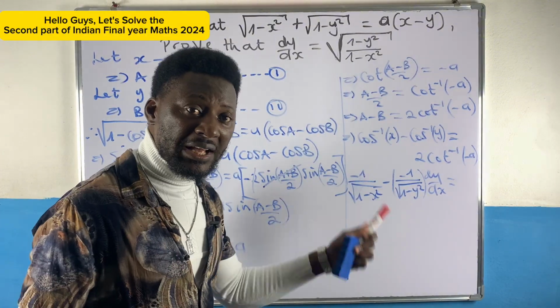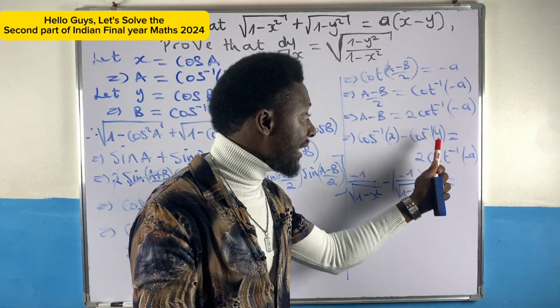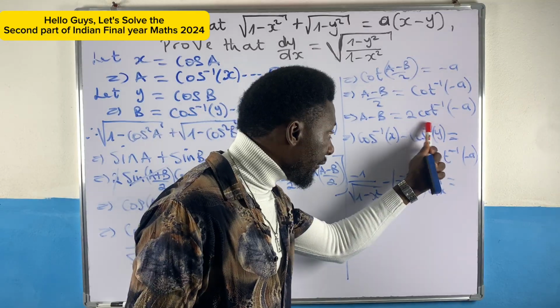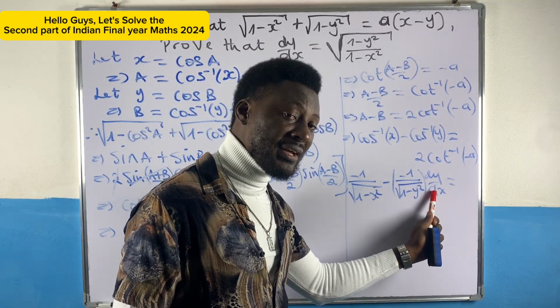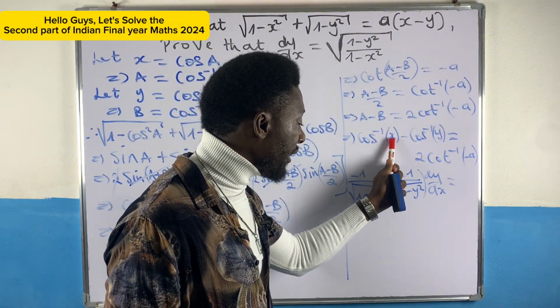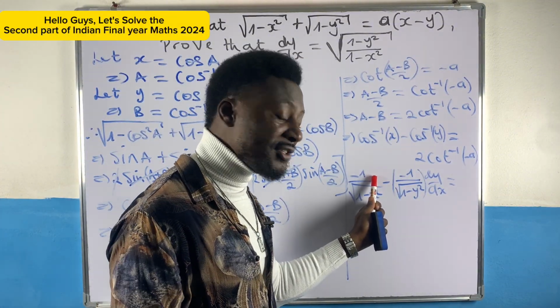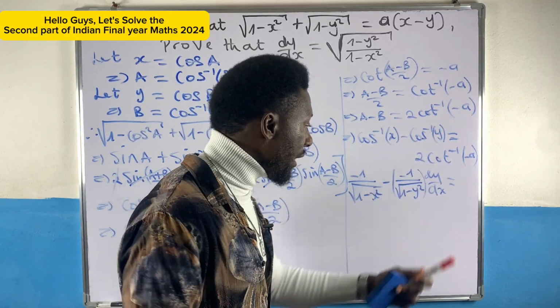If you can refer to my last video, I made that explanation that whenever you are differentiating with respect to X and the variable is Y, after differentiating normally, you have to multiply that differential by dy dx. If we are differentiating X, we don't multiply by dy dx. But when you are differentiating Y, you must multiply by dy dx.